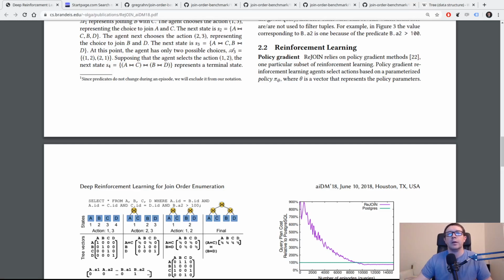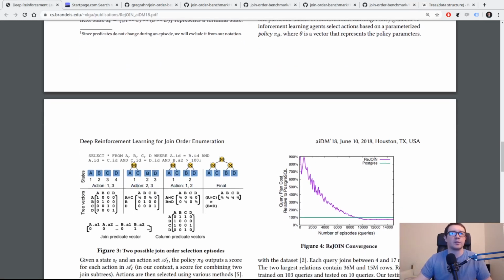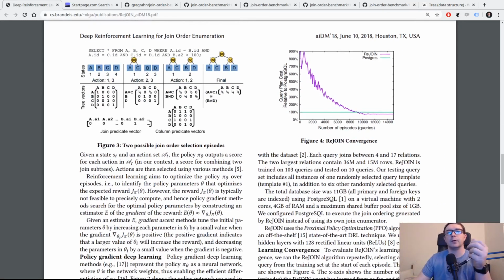There is no AC equals B, so I'm guessing it's just all the possible combinations. So you'd have 1, 2, 1, 3, 1, 4, 2, 3, 2, 4, and 3, 4 for the possible actions in the first state. But I could be wrong there. That's something I would have to play with or even email the authors to find out.